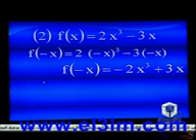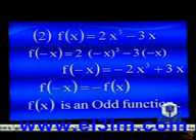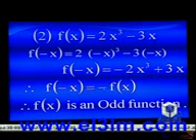Therefore we say that f of negative x equal minus f of x. الحتة دي معناها لو انا جيت ضربت f of x في minus 1 هتطلع ايه؟ negative 2x power 3 زي دي plus 3x like this. Therefore f of negative x equal negative f of x. Therefore f of x is an odd function.